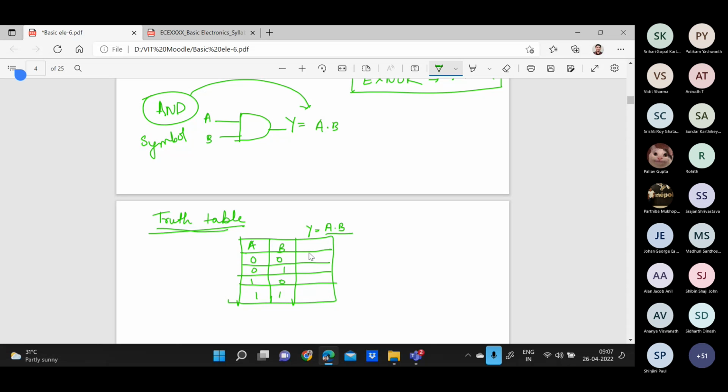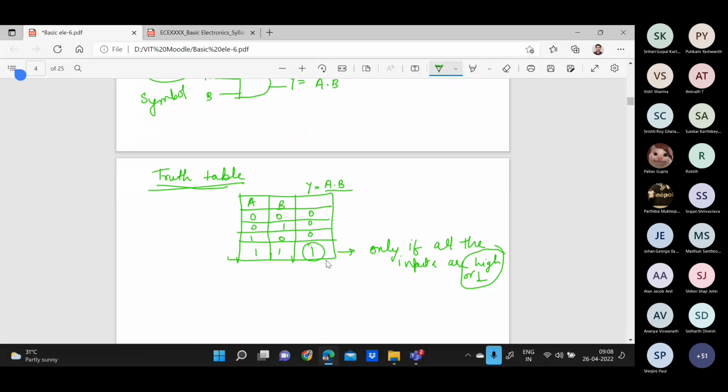In the AND gate, the output will be 1 only if all the inputs are 1, that is, all the inputs are high. As you can see, both the inputs are 1, 1. That's why we are getting output 1.